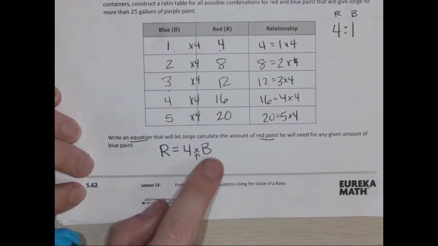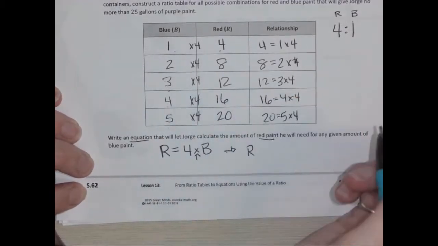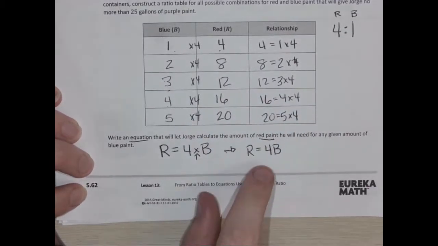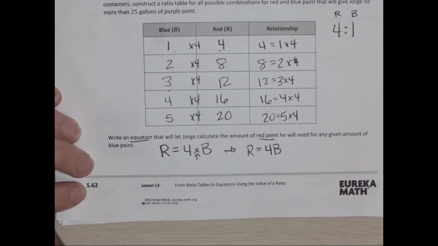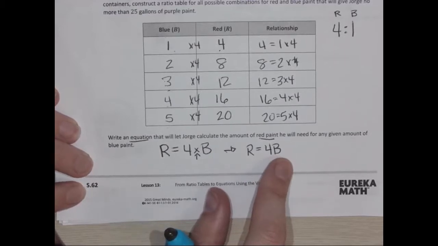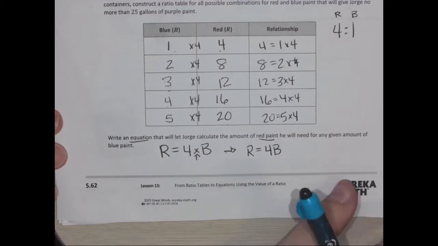I have a number and a variable, not a number and another number. So I can write red paint equals 4B. That means 4 times blue paint. Yes, some of you are familiar with this. If you're writing a variable right next to a number, that just means you multiply. So there's our first equation from this table.